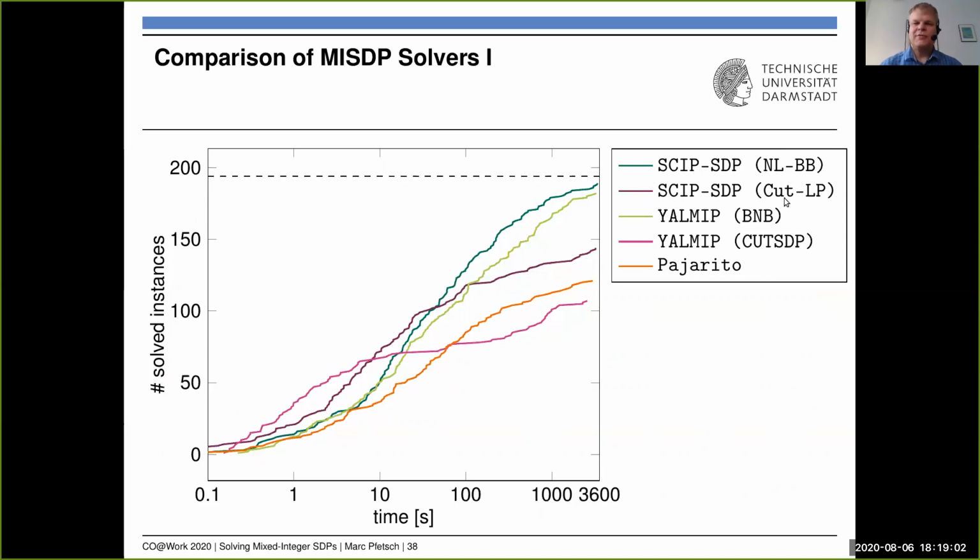SCIP-SDP that uses LPs is quite good as well. It's a bit faster in the beginning, but solves fewer instances. YALMIP nonlinear branch and bound is very good, but not as good as SCIP-SDP. YALMIP with LPs is quite bad, and Pajarito is relatively good.